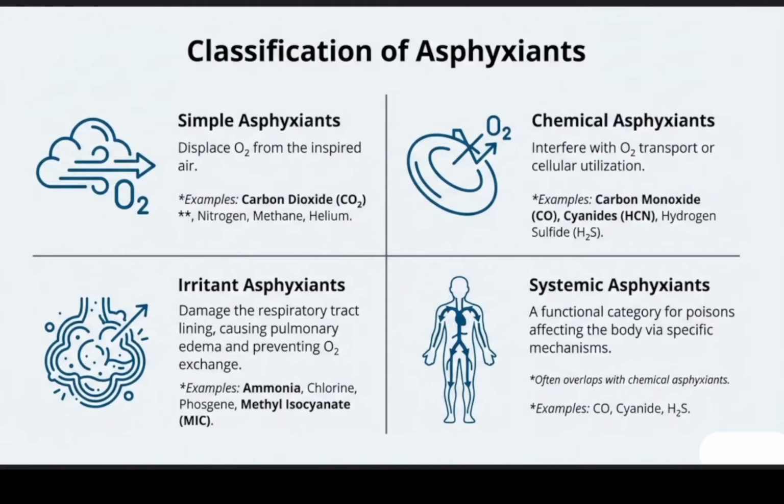Then we have systemic asphyxiants. In this you have to remember that there is a category of poisons affecting the body via specific mechanisms, like carbon monoxide, cyanide, hydrogen sulfide, and all that.